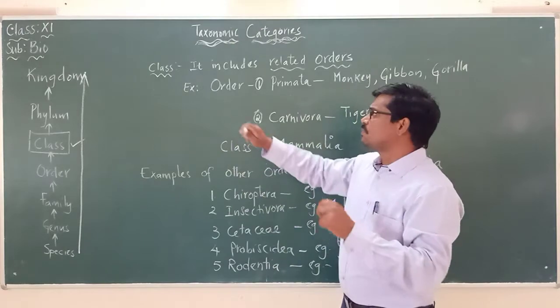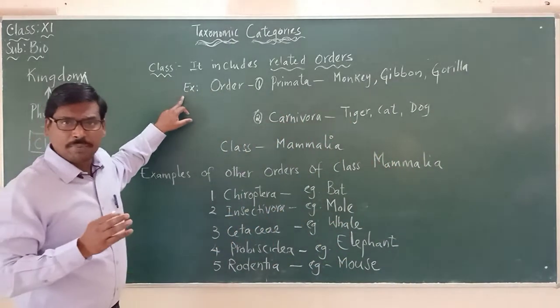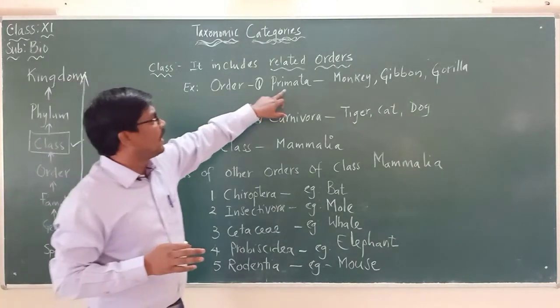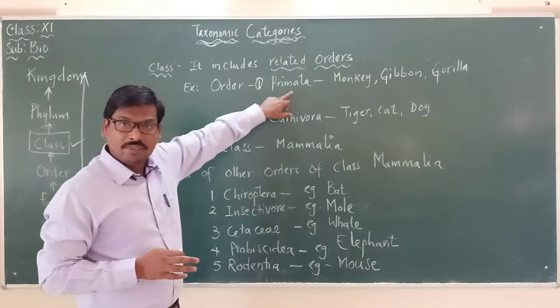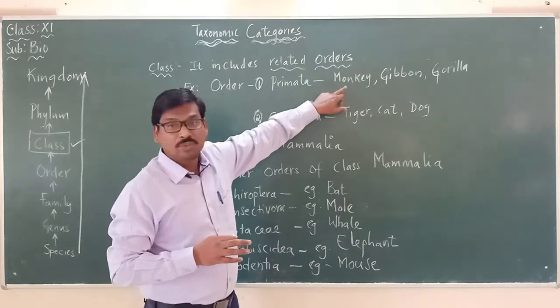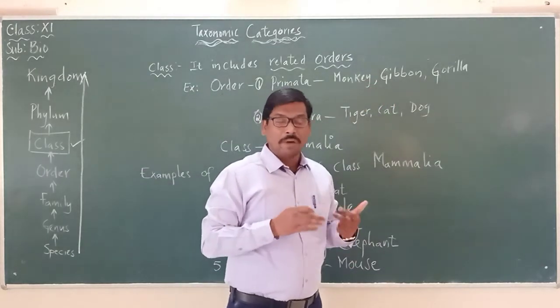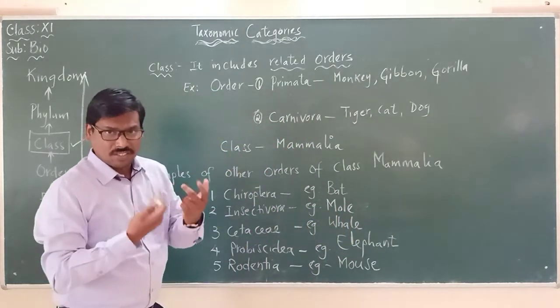Now let us take an example order. There is an order called Primata. In the order Primata, there are animals known as monkey, gibbon, and gorilla, because they share some similar features or characteristics.